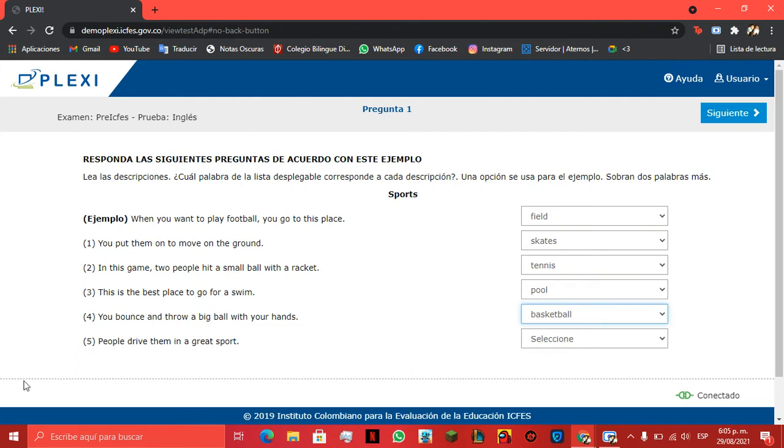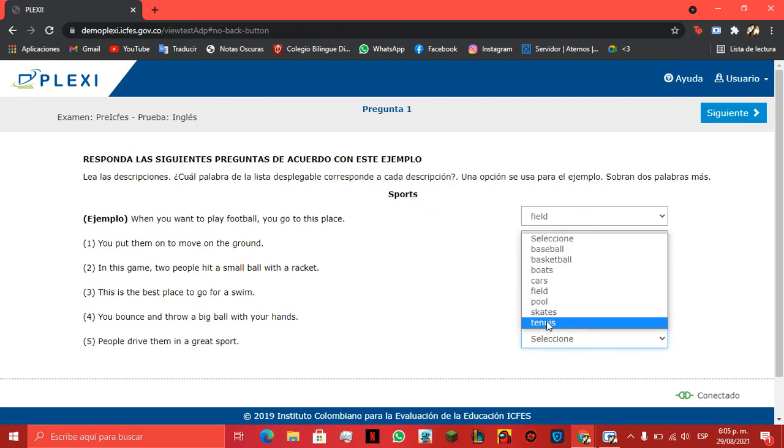And the fifth one: people drive them in a great sport. So it's something used in a sport. Baseball, basketball, and tennis are sports. Pool and field: pool is already used. We can't drive fields. Skates is used. Boats we can drive it.